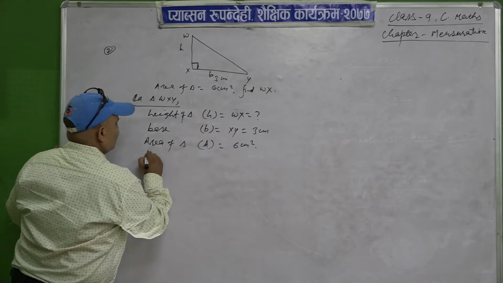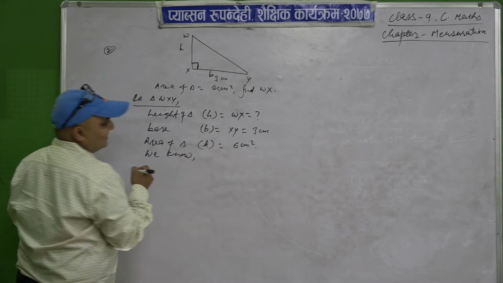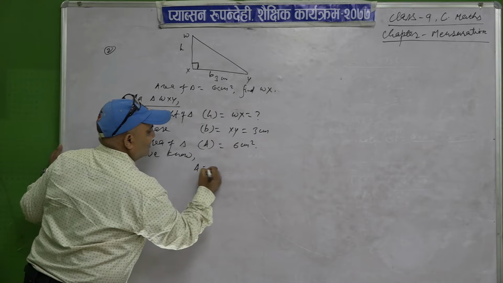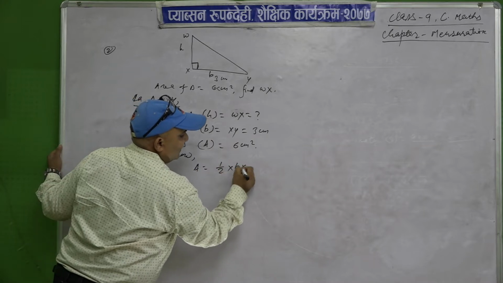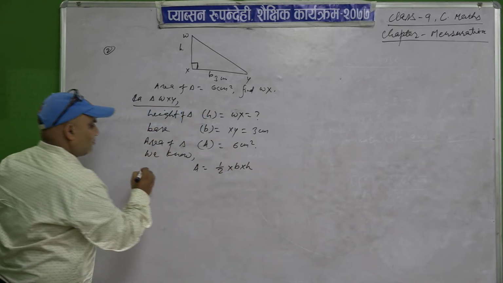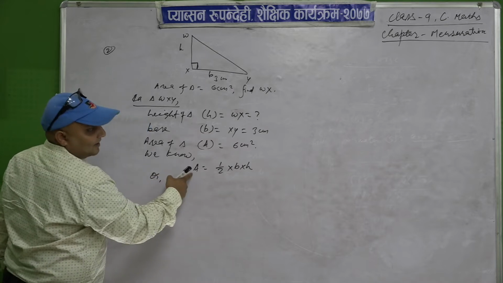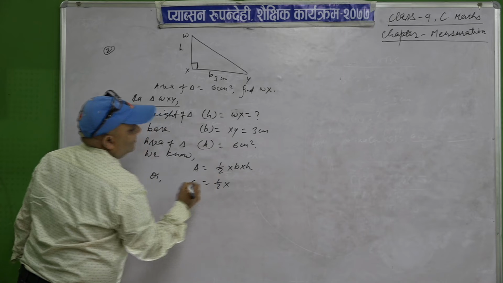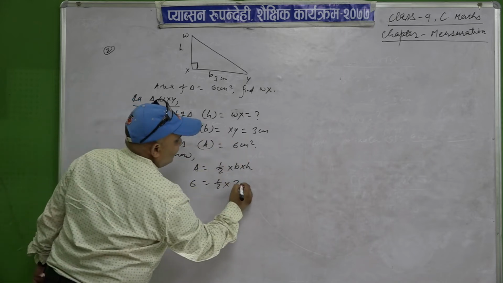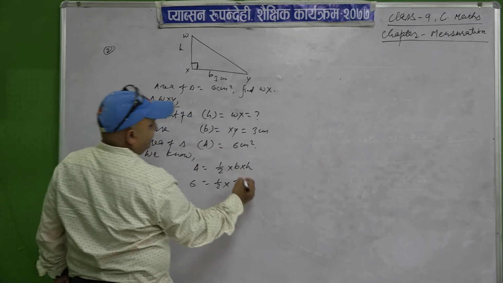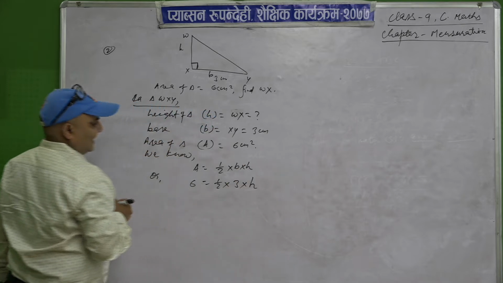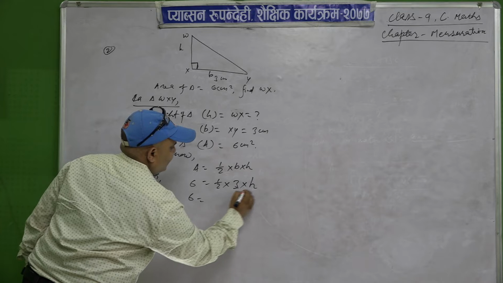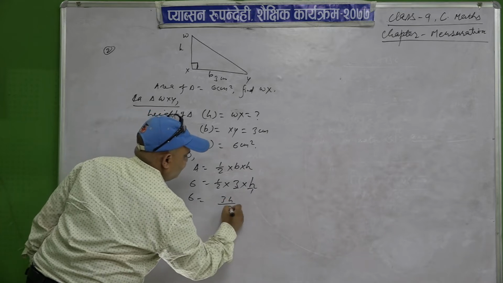Now what we do? We use the formula what is given. So we have given area of the triangle, so we use here the formula 1 by 2 into base into height. Now put the value what are given. The value of A is given 6, so write here 6, 1 by 2 into the value of base. The value of base is 3 into the value of h is not given, write as h, or 6 is equal to 3h upon 2.